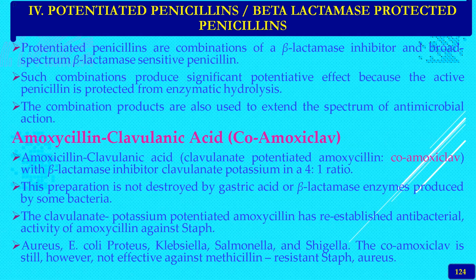The clavulanate potassium-potentiated amoxicillin has re-established antibacterial activity against Staph aureus, E. coli, Proteus, Klebsiella, Salmonella, Shigella. Salmonella and Shigella are gram-negative microorganisms. Co-amoxiclav is, however, still not effective against MRSA.